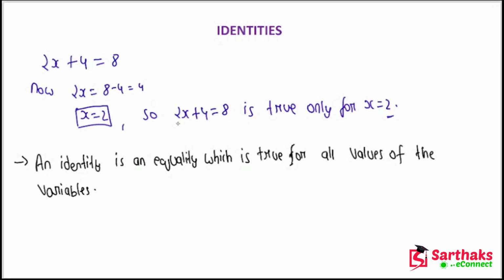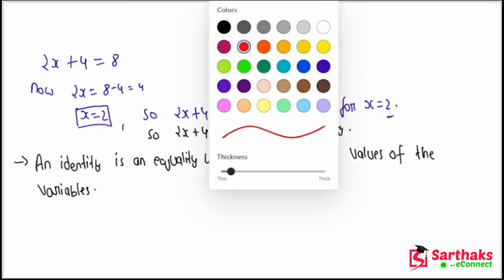So you can clearly see that here 2x plus 4 is equal to 8 is not an identity. You can clearly say that this is not true for all values of x, so it is not an identity. So what is an example of identity?